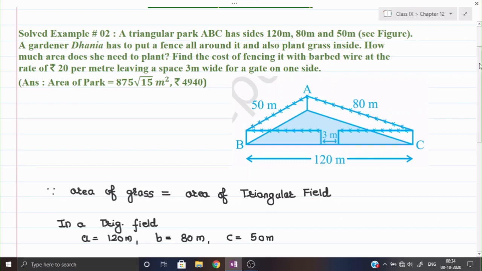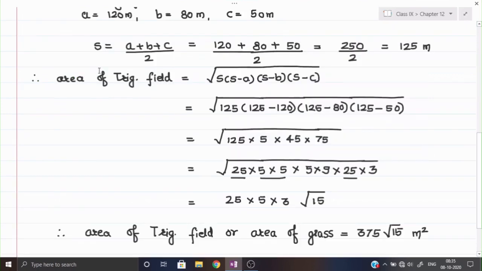If I say 1 meter wire is 10 rupees, and I am purchasing 50 meter wire, then I will multiply 50 into 10. Here they are saying the rate of the wire is 20 rupees per meter. You can see here 20 rupees is given. So whatever the length of the wire will come, we shall multiply it by 20.